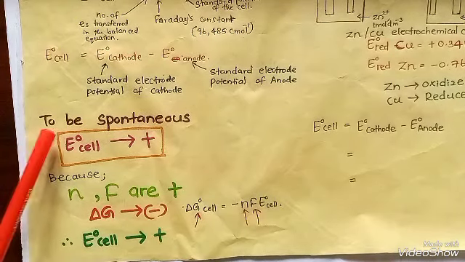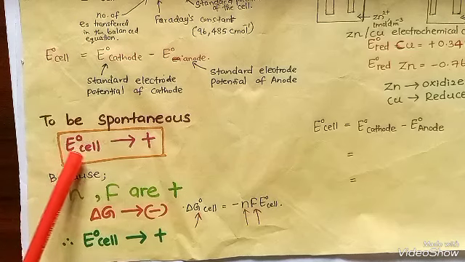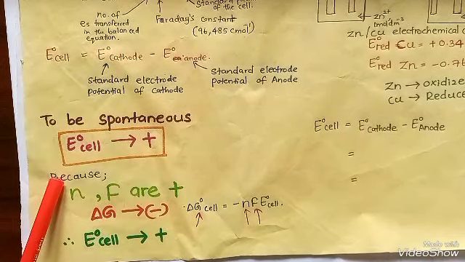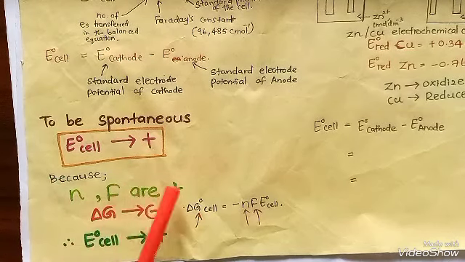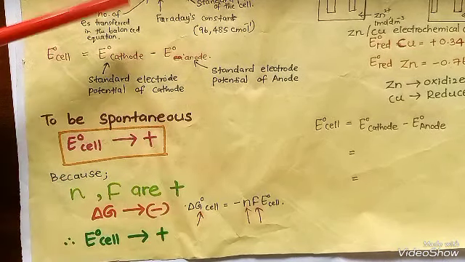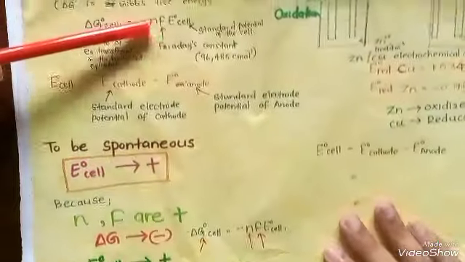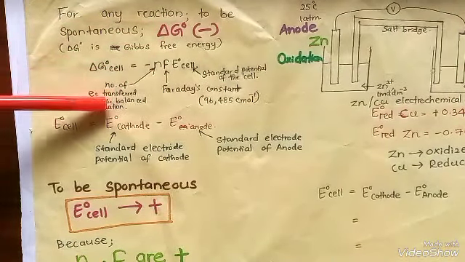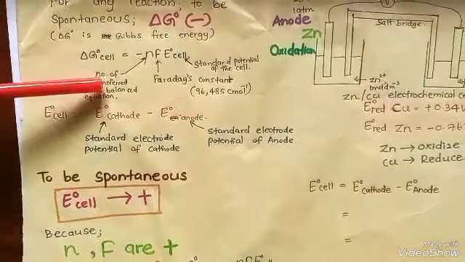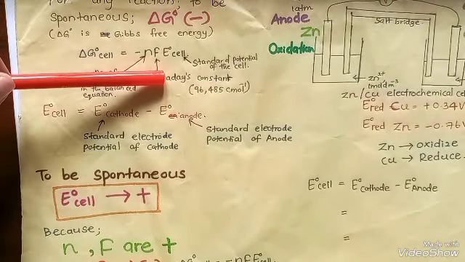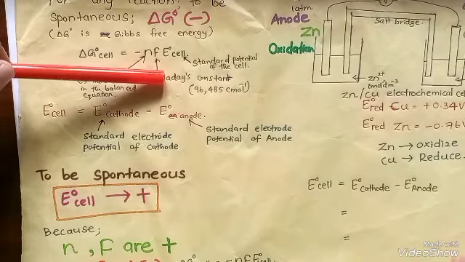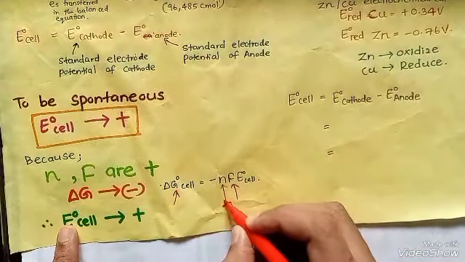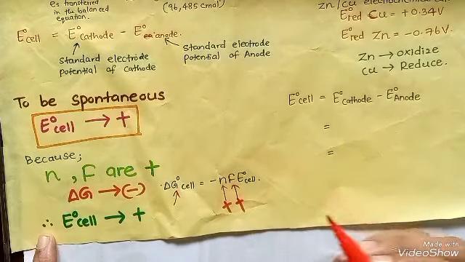For a reaction to be spontaneous, E naught cell should be a positive value. Why is that? n and F are positive. n is the number of electrons transferred in the balanced equation, so it is positive, and Faraday's constant is also a positive value.